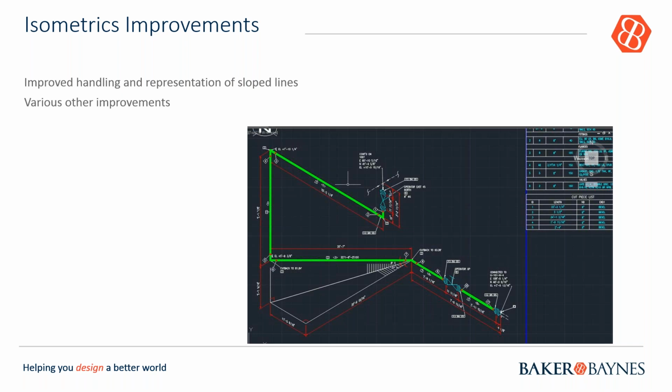In one area they have worked with users to improve things like slope lines that appear in the drawing itself, which is great, because the feedback they received from Plant 3D users was to have some improvements in this kind of area, and this is where some of the improvements have come in.